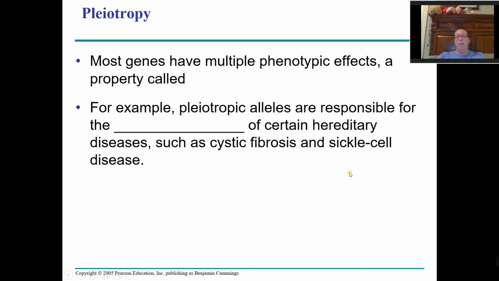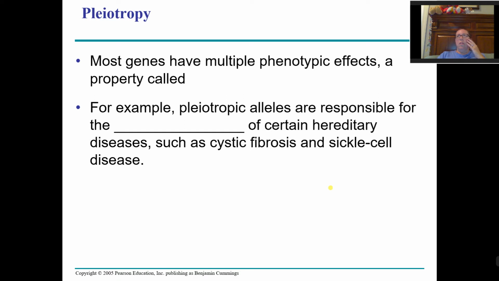It's not like you can line everybody up and say, everybody has the exact same phenotype. Everybody who has sickle cell doesn't have the same number of sickle-shaped red blood cells. So that's what that means. It means multiple phenotypic effects.